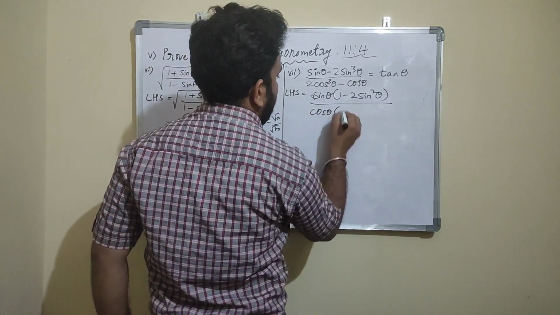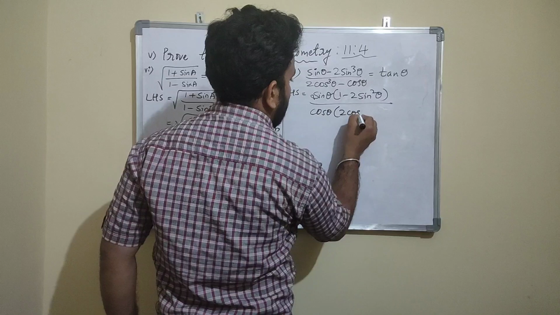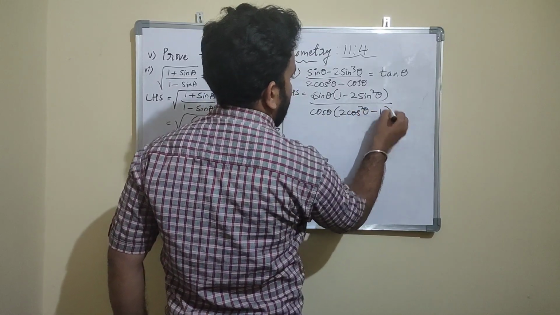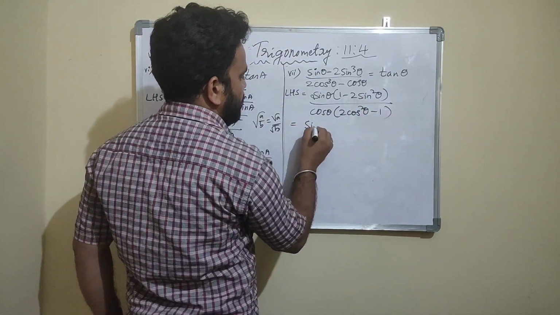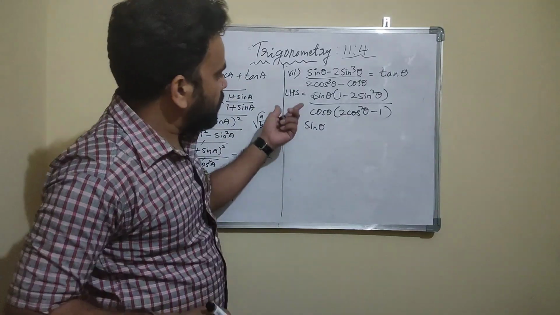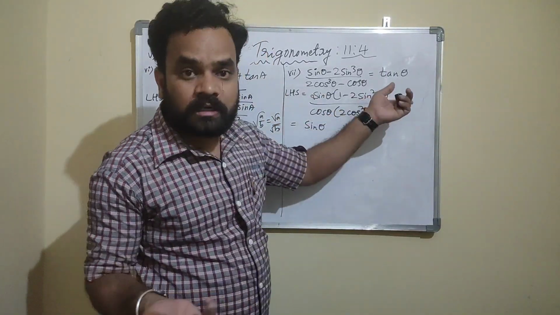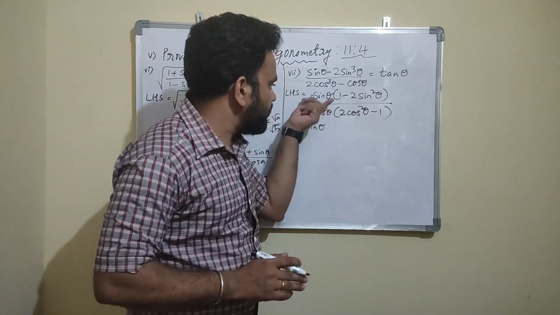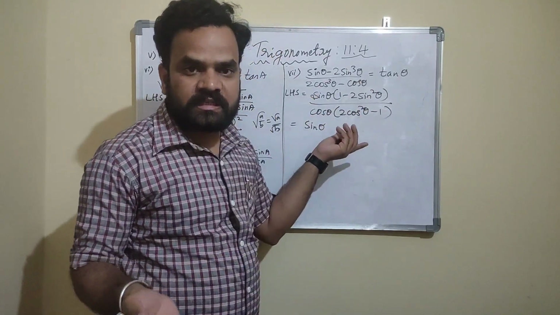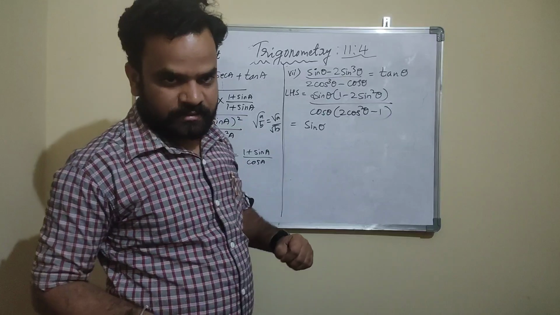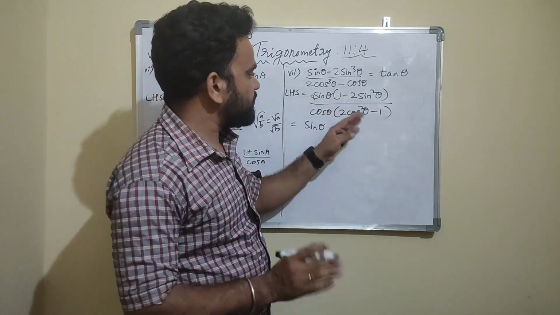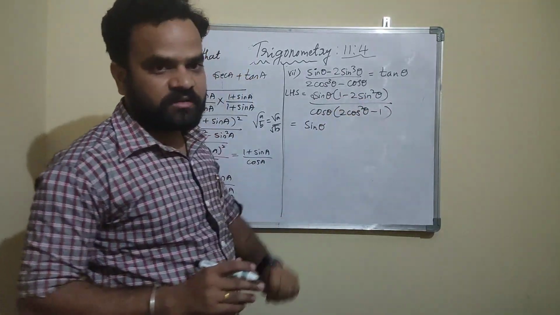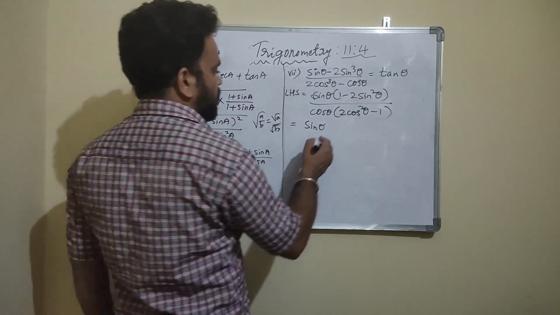What is remaining? 2 cos square theta minus 1. Then simple logic: sin theta by cos theta is tan theta. We got already result. We need to cancel these two at any cost. If we cancel these two, remaining is sin by cos. Sin by cos is tan. Tan is your LHS. Right? We need to prove, or we need to just cancel, (1 minus 2 sin square theta) by (2 cos square theta minus 1). Both are same. That we need to prove now.